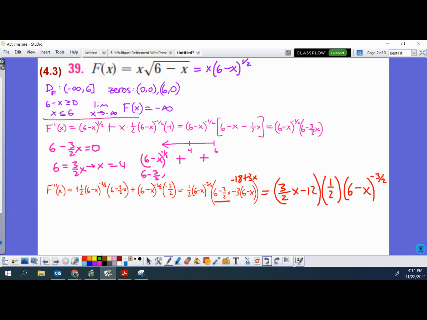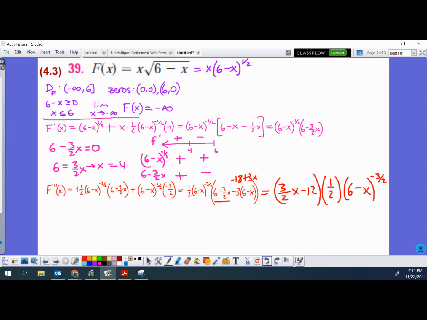If you test points, plug in 0 maybe over here, since 0 is left of 4. If you plug in 0, you get a positive value, you get 6. And then when you cross 4, sure enough, this will become negative. If you put 5 in there, it's going to be negative. And so the whole thing, F prime, is positive and then negative, because a positive times a negative is a negative.